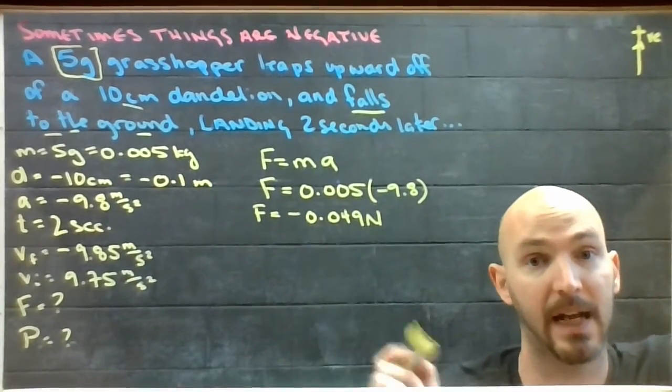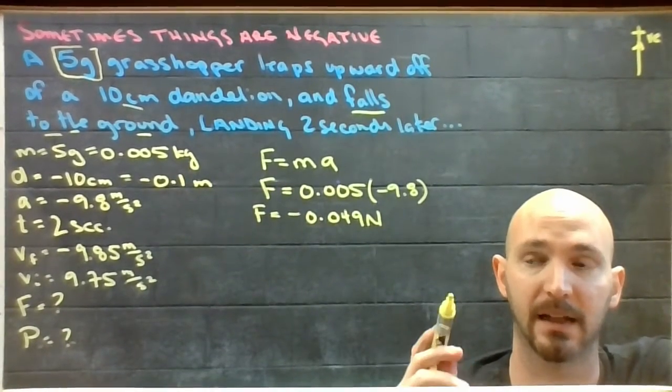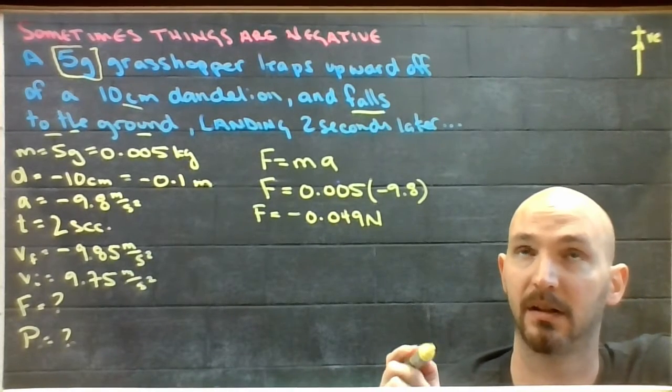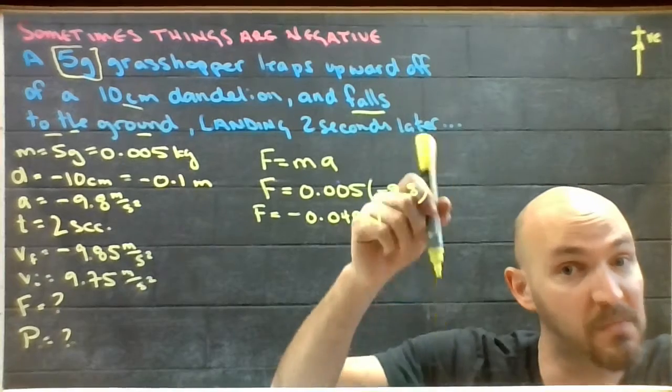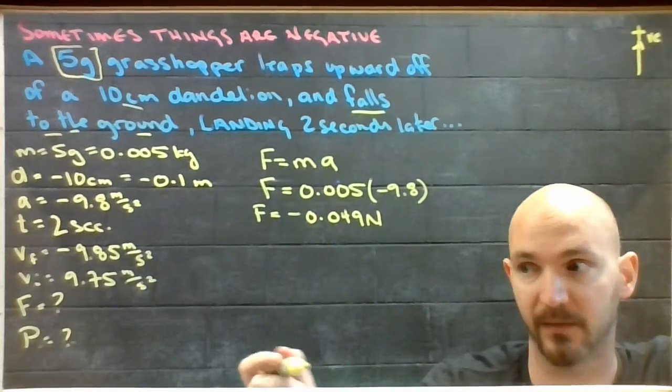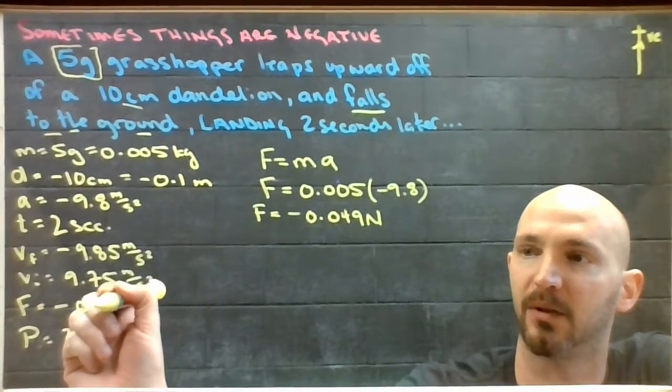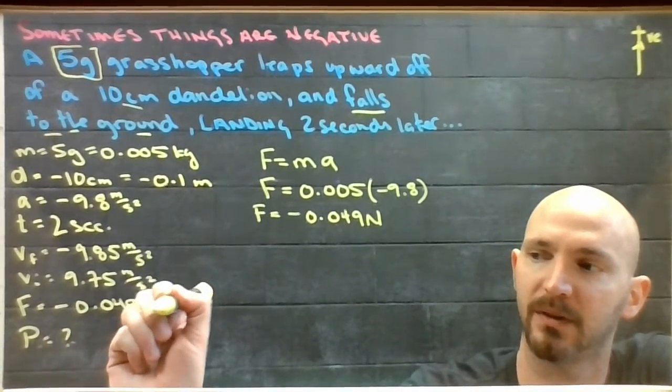Now, I have a negative there, so to interpret that, that means that the force causing this acceleration should be pointed downwards because it's a negative number. So I'm going to pop that in there. Negative 0.049 newtons.